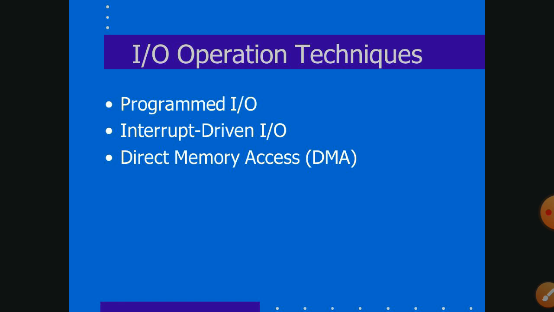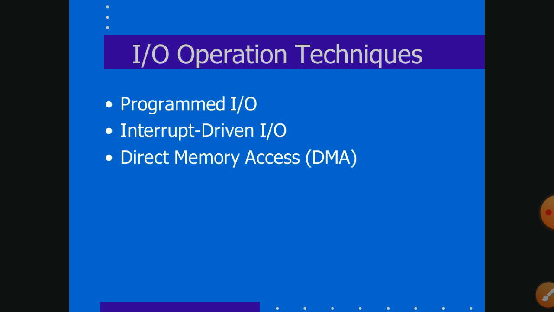To avoid such a burden, we go for the next technique, which is called DMA, direct memory access. The name itself indicates direct memory access, meaning any input or output device can directly access the memory, because every input or output device shares its information with the memory only.